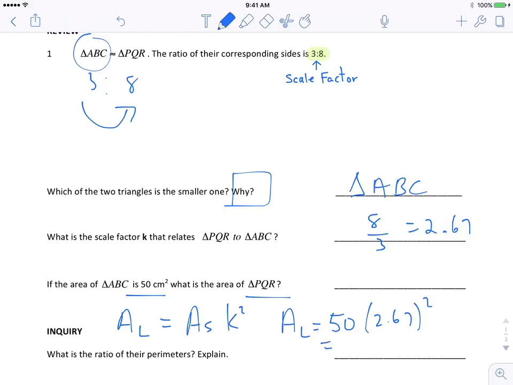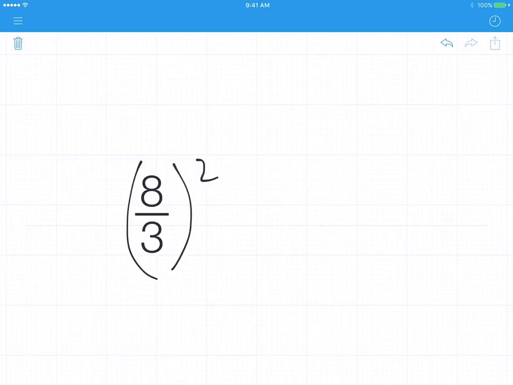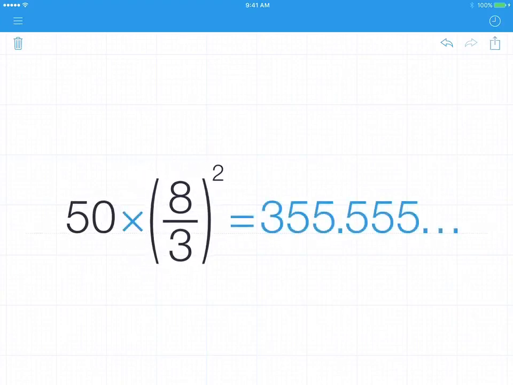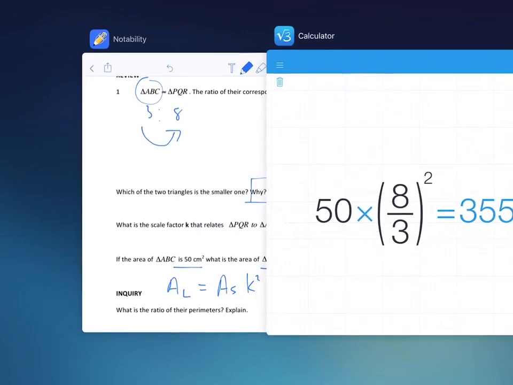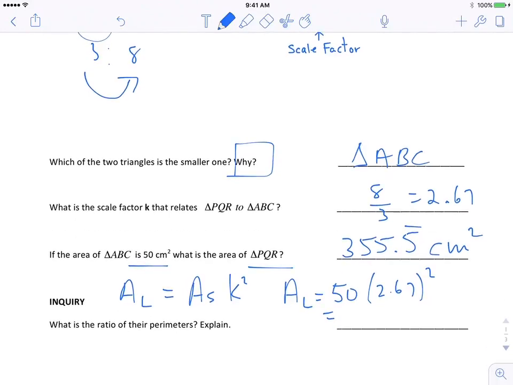So 50 times the scale factor squared is 355.55. So we're going to say 355.5 repeating square centimeters. That's how we calculated that.